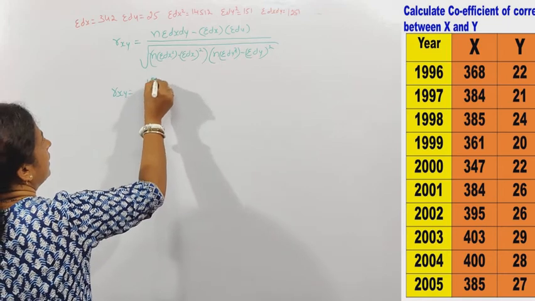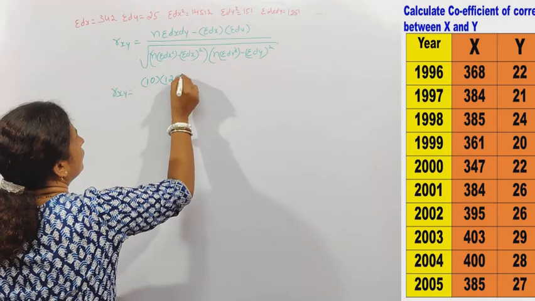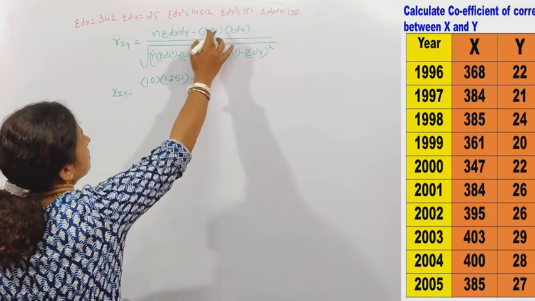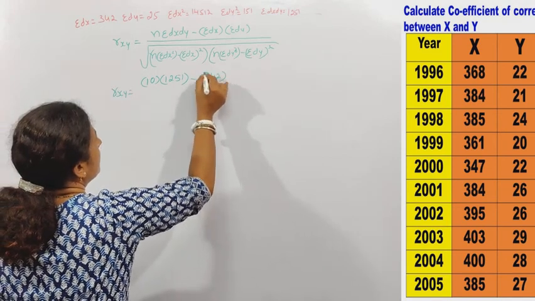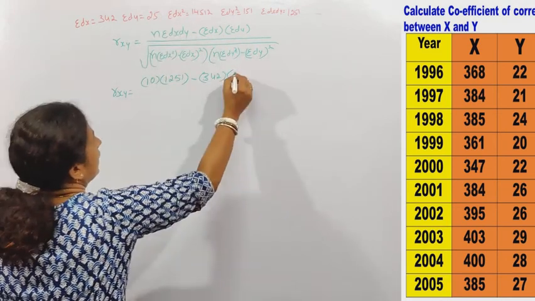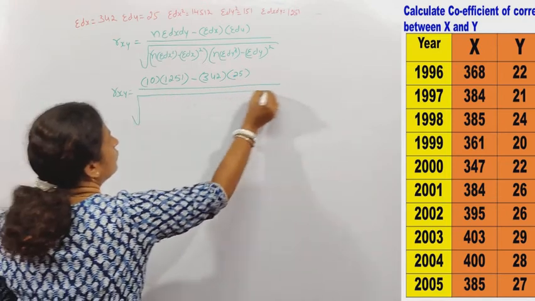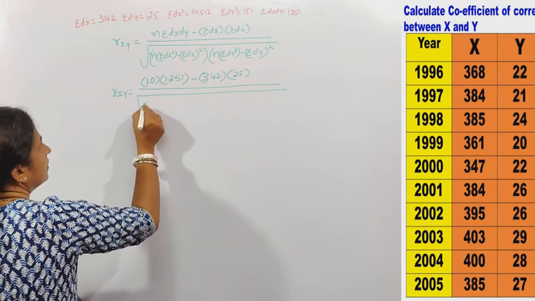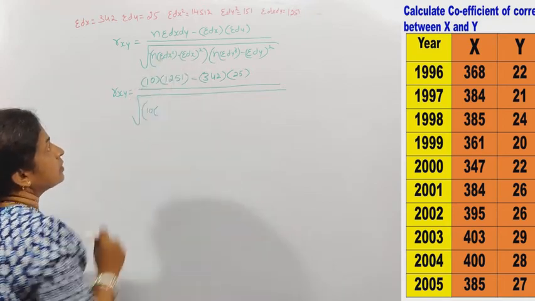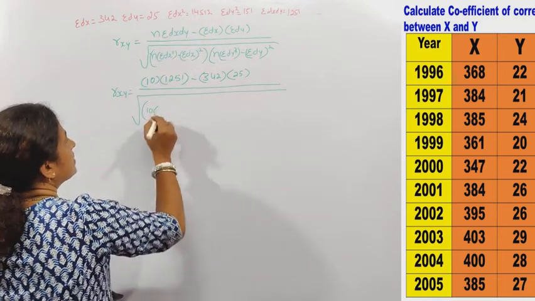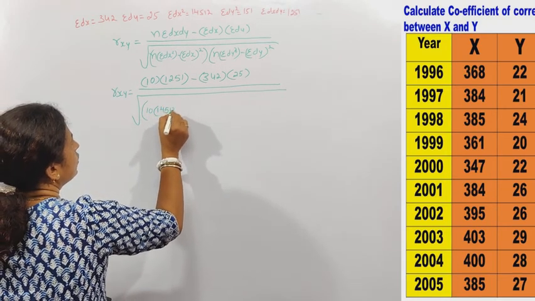So 10 into sum of dx dy, 1251, minus sum of dx, 342, into sum of dy, 25, divided by root of n, 10 into sum of dx square, 14,512.